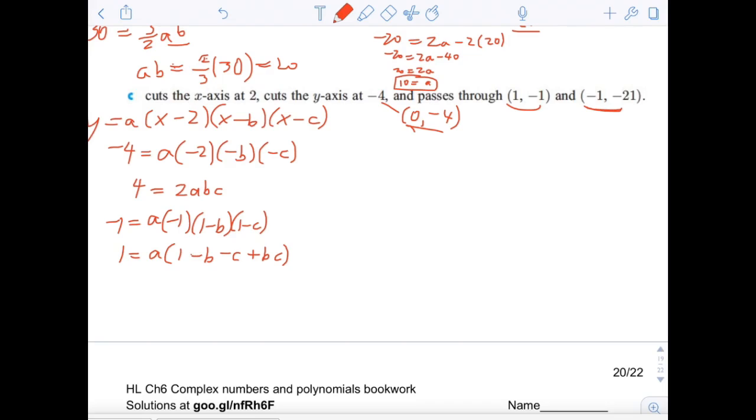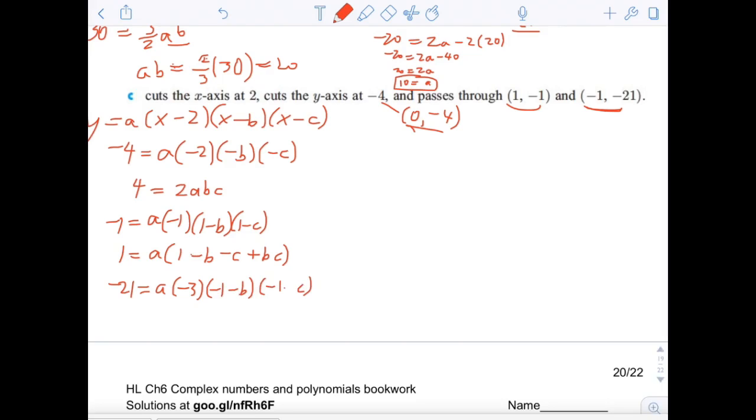Then let's substitute in the last one, -1, -21. So that would be -21 equals a times -1 minus 2, which is -3, -1 minus b, and -1 minus c.